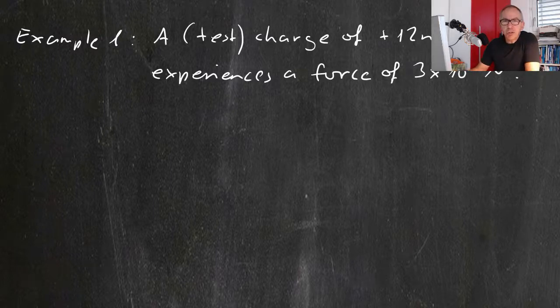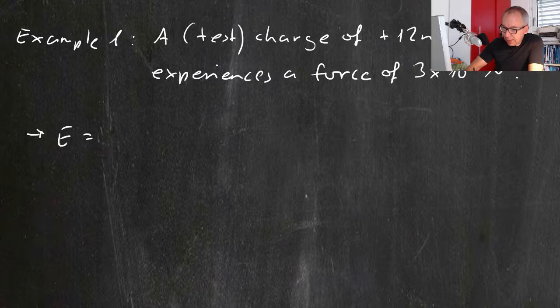So a charge, we take it as our test charge of 12 nanocoulomb, a positive one, experiences a force of 3 times 10 to the power of minus 3 Newton. What is the electric field? So the electric field is F over Q0.